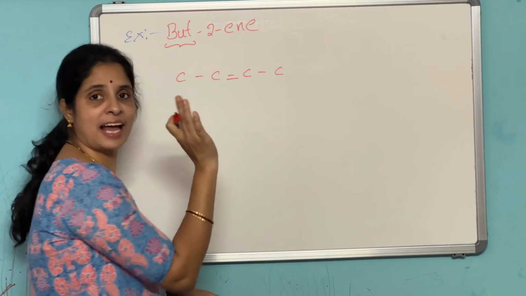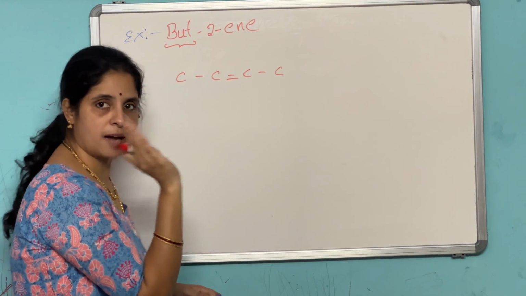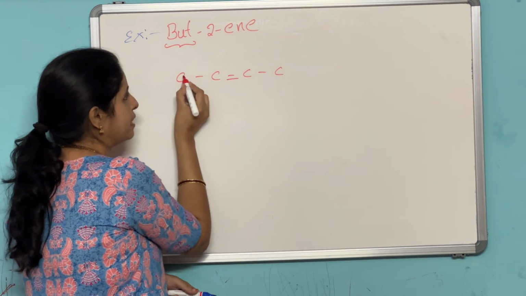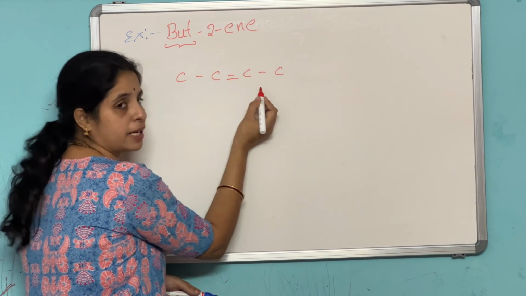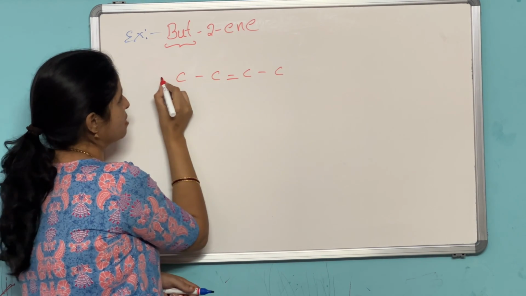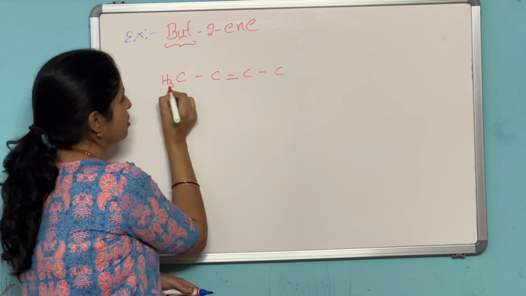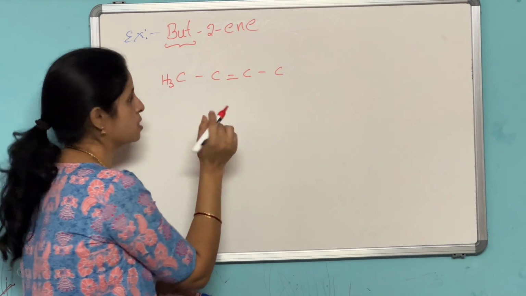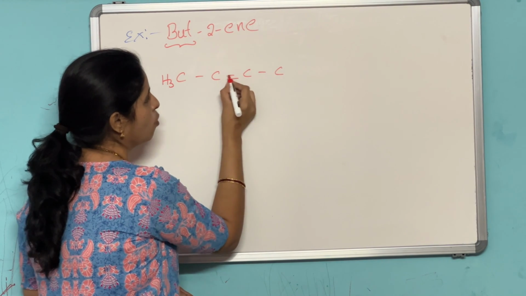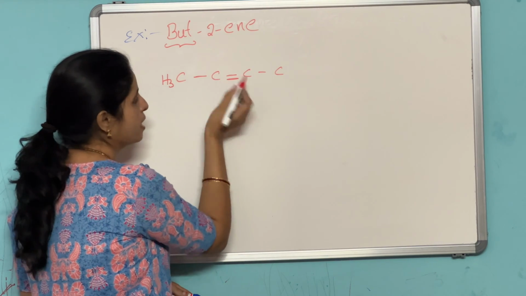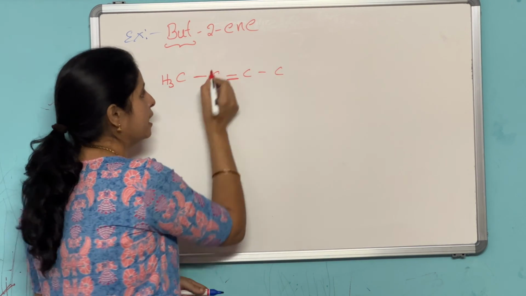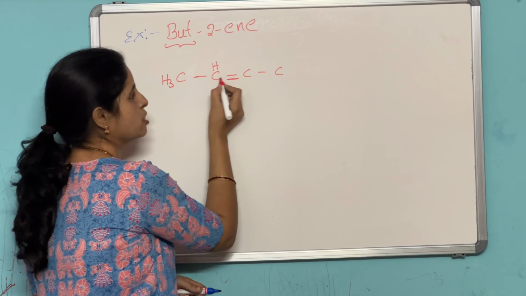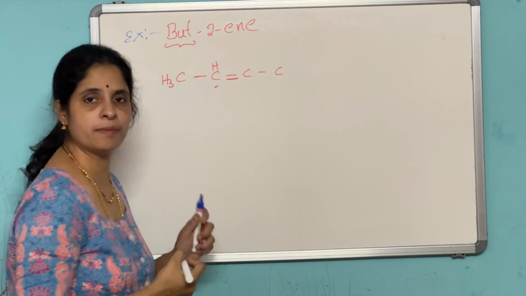So here carbon valency is 4. To satisfy the valency of each carbon you just place hydrogens: 3 hydrogens, 3 plus 1, 4 bonds. Around this carbon atom, 1, 2, 3 bonds, so valency 3. So here you place 1 hydrogen so that this carbon valency will become 4.